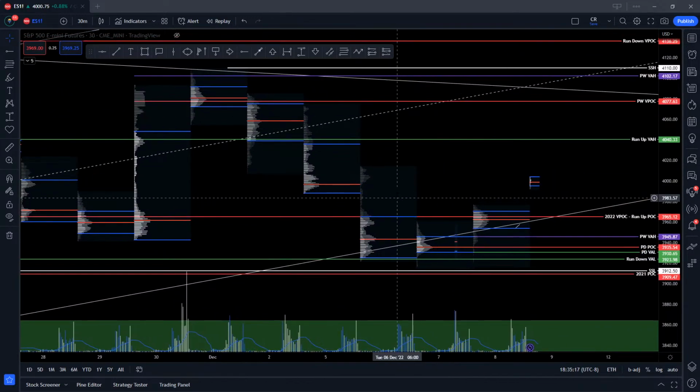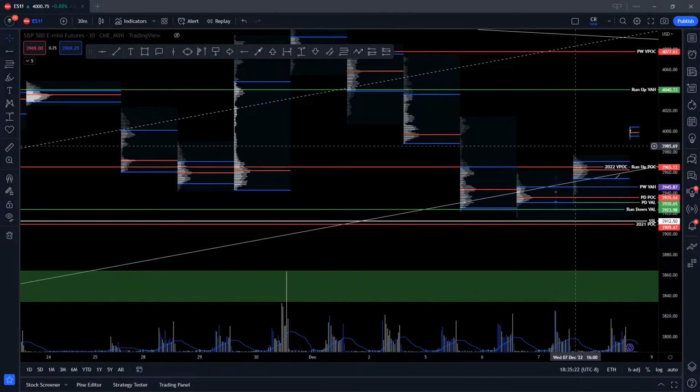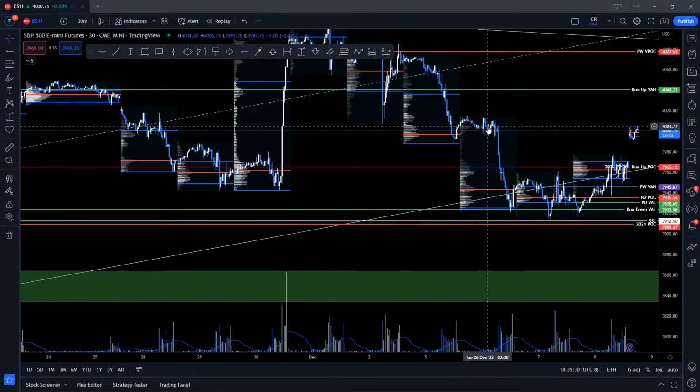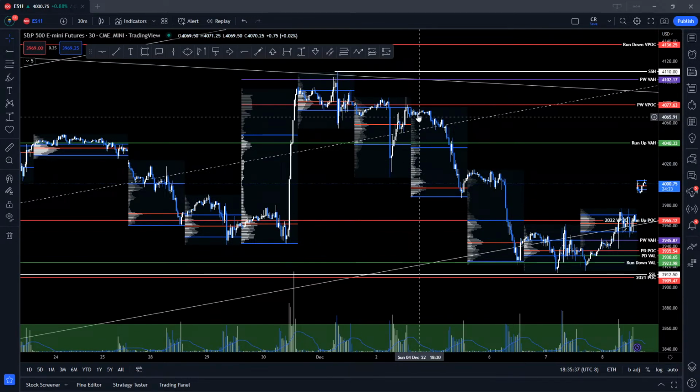Those are the four main types of volume profiles that we look at: D shapes, which are consolidation, and lowercase b's, which are the days that we have downside like this. This is actually also a double distribution day.